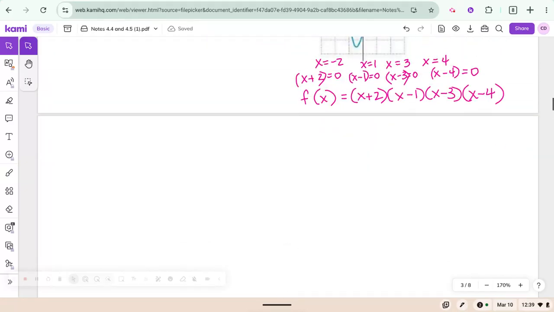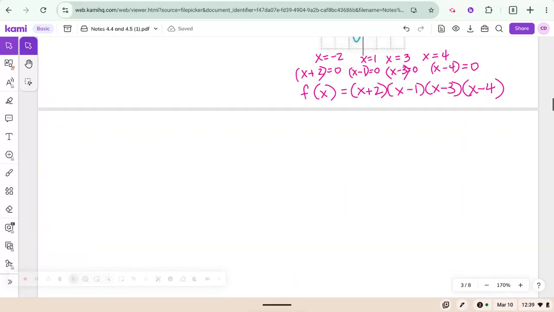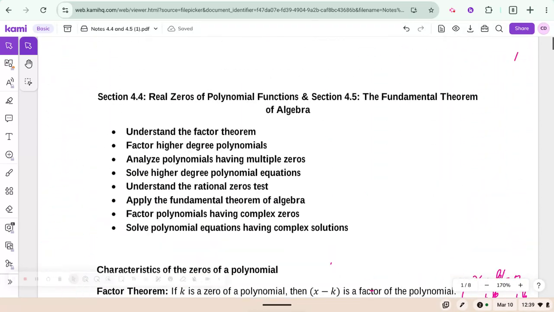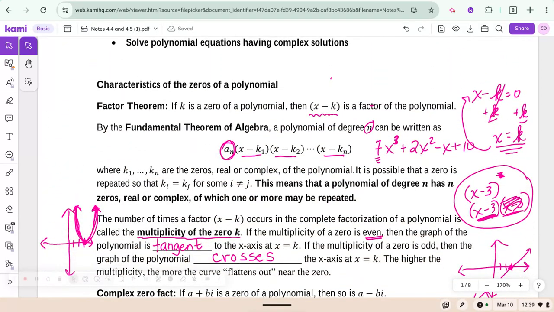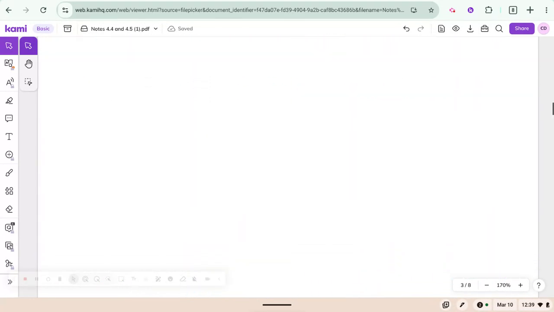Hello. The page is loading very slowly. Just giving it a second to think about its life's choices. I don't know why that's not loading. Well, I don't know why it's not loading. Let me see here.